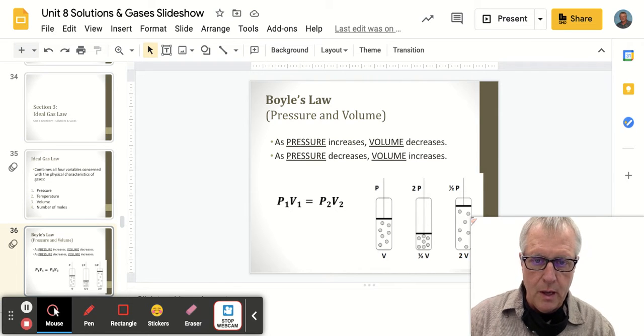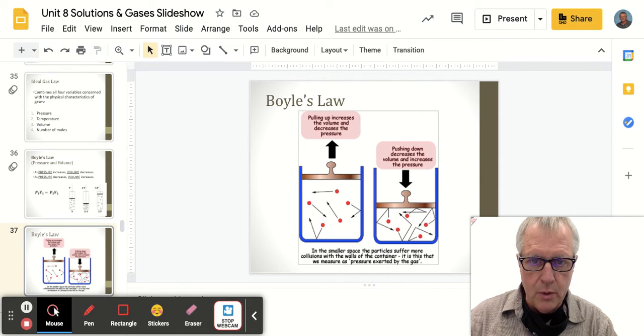If you press on a gas, you can decrease its volume, and that's commonly done. You can think of it as an inverse relationship: when one goes up, the other goes down, and vice versa. So that's Boyle's law.